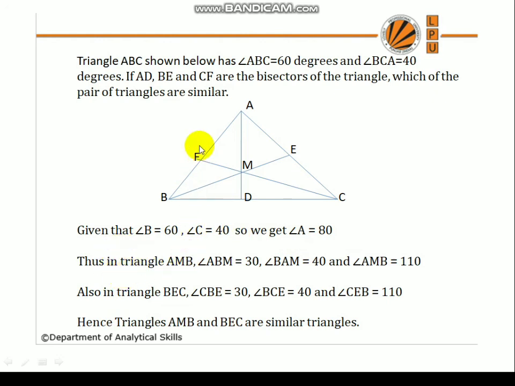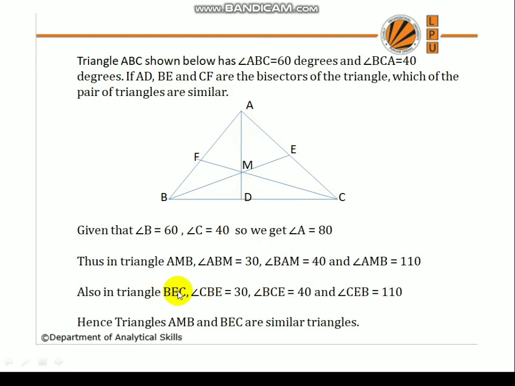Thus in triangle AMB, angle ABM is half of B, 30 degrees. BAM is half of A, which is 40 degrees. And AMB, obviously as a result, is the remaining angle, which is 110 degrees.